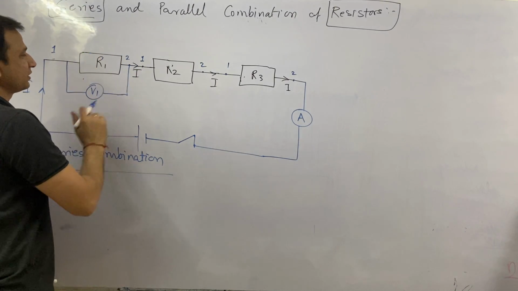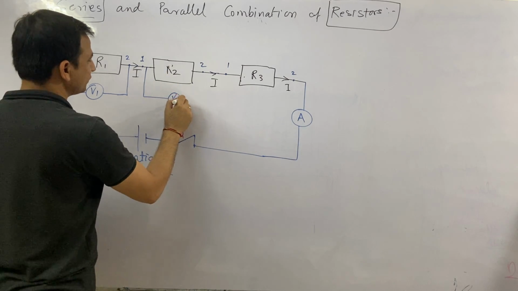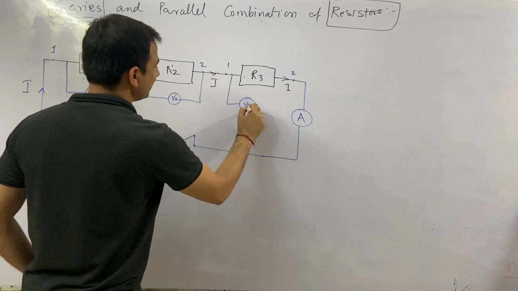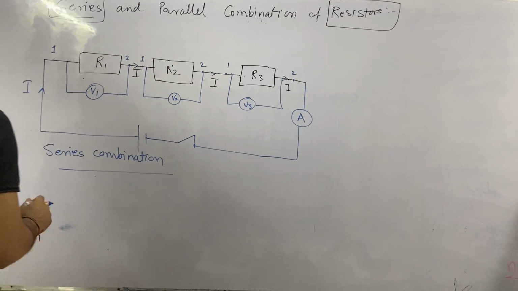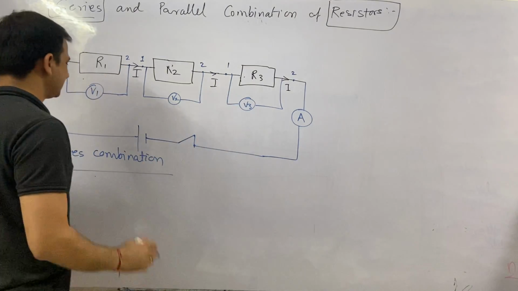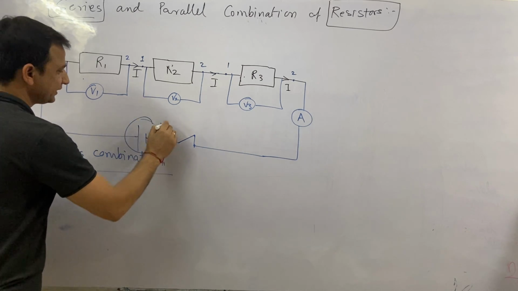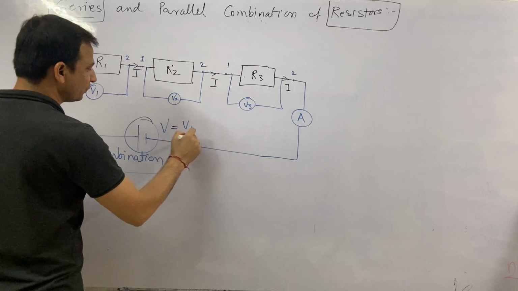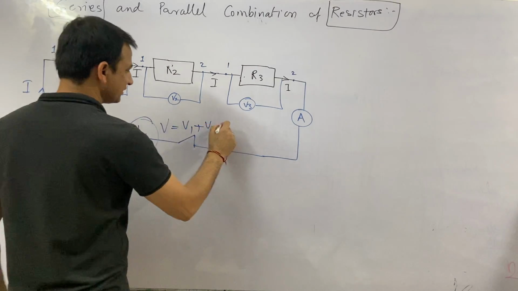So the voltage across R1 could be V1, across R2 could be V2, and across R3 could be V3. And when we combine V1, V2 and V3, we will get V, the voltage of this power supply. V is equal to V1 plus V2 plus V3.